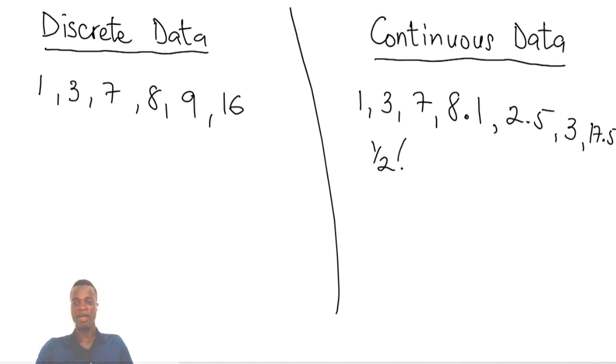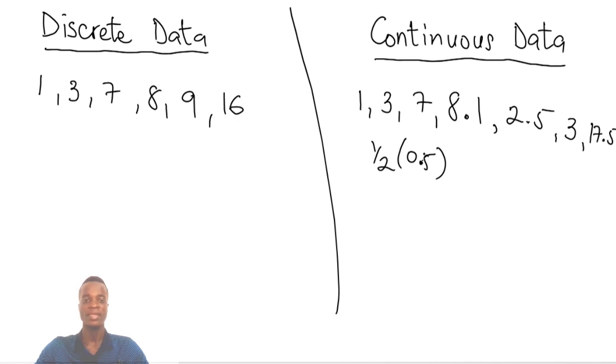Half is a fraction, or half is the same as 0.5. So basically, this is the basic understanding. If you see a data, you can easily tell whether it's continuous or discrete. For continuous data, they have at least one element that has a decimal point, or one element that is a fraction. Yes, that's continuous data.